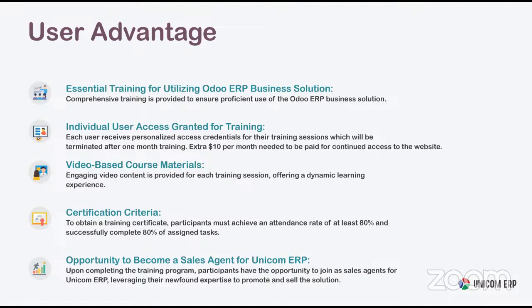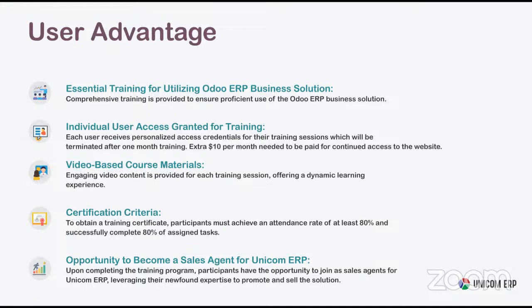But I remind you all that these credentials will be valid for a period of 1 month, and afterwards they will be terminated. So if you want continued access to the Odoo 17 website, you can pay $10 per month, and on the payment of $10 per month, you will get continued access to the Odoo 17 training website.